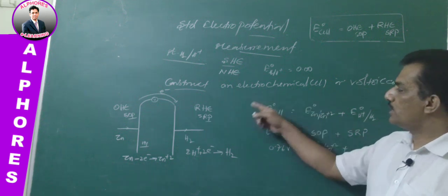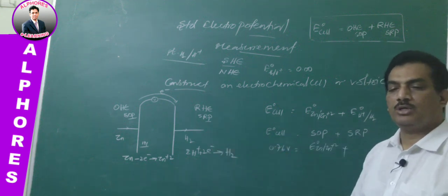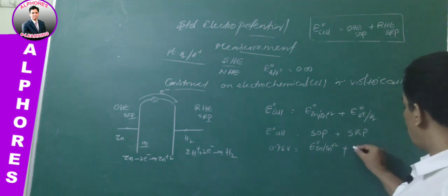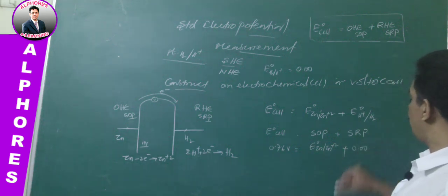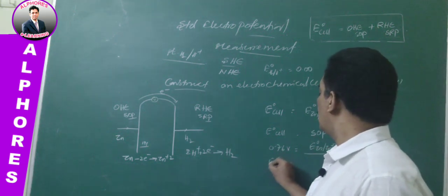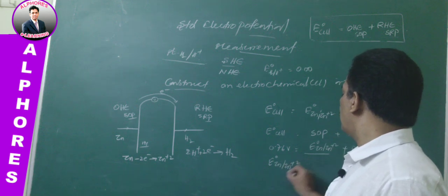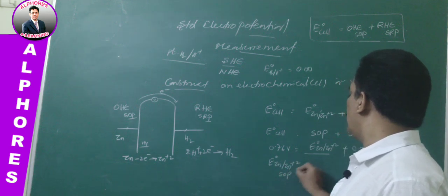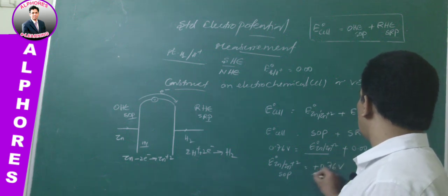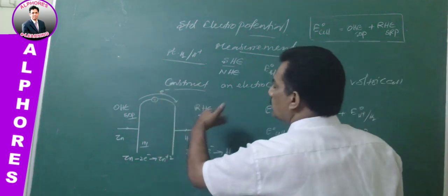So 0.76 is E naught Zn to Zn plus 2 plus SRP of hydrogen. The reference electrode is the hydrogen electrode. For hydrogen, the standard reduction potential or oxidation potential is taken as 0. That's why it is 0. And now we know that the zinc E naught Zn to Zn plus 2, that is nothing but SOP, is plus 0.76 volts from the voltmeter reading.